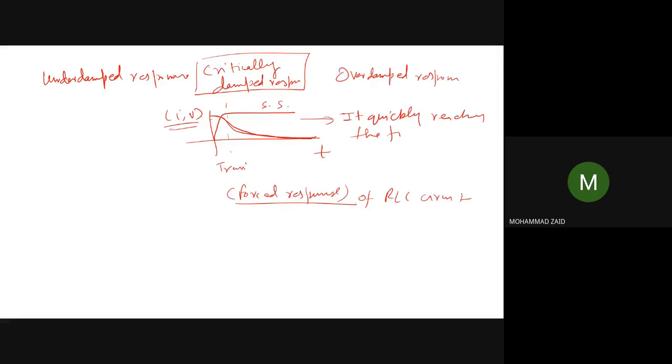So all these things we will discuss one by one. We will go through the numerical problems and then simulation. What will happen in a critically damped response? What will happen in an underdamped response?